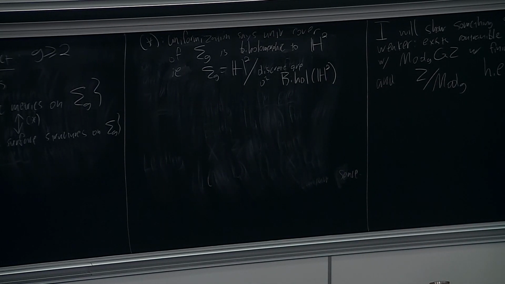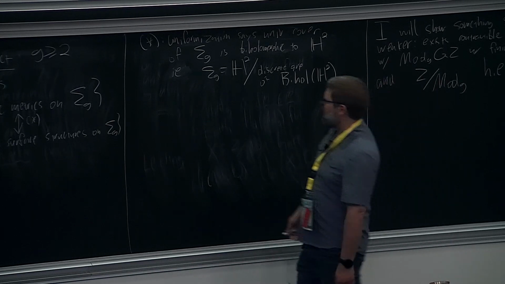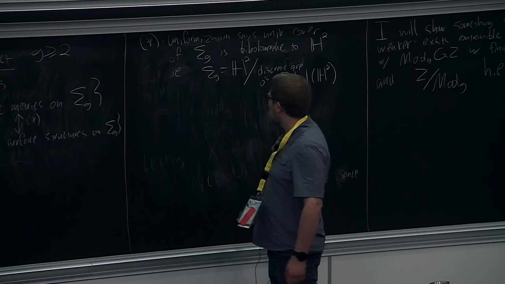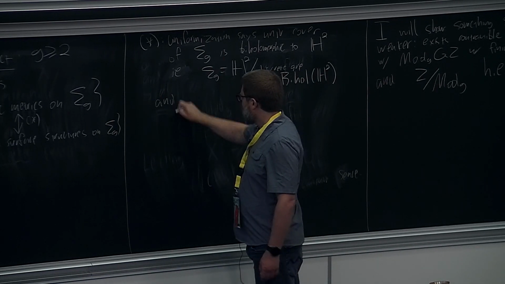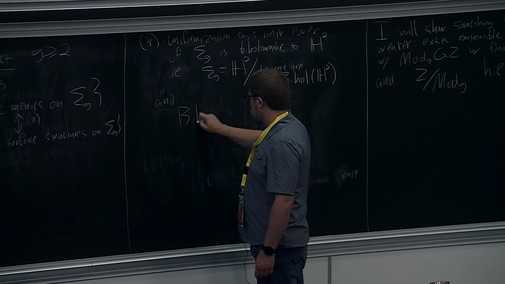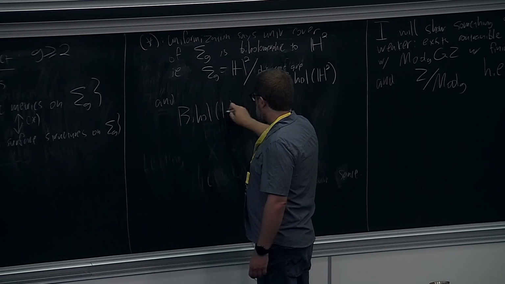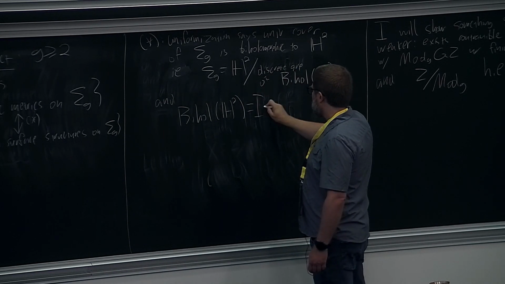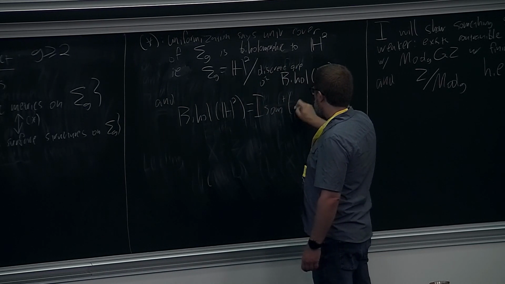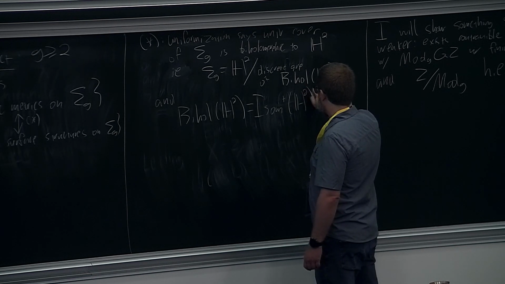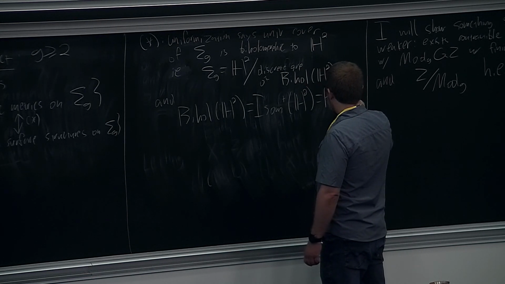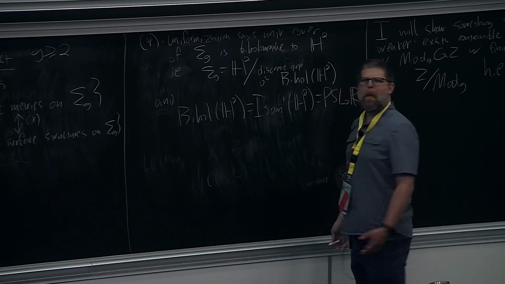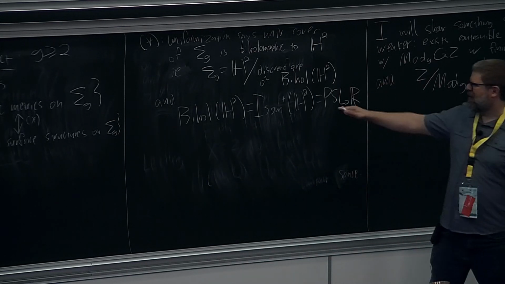So that's something that looks a lot like what we said in Teichmuller space, right? The biholomorphic maps of H2 are equal to the orientation preserving isometry group of H2. These are both PSL2(R). This is an accidental isometry, right?